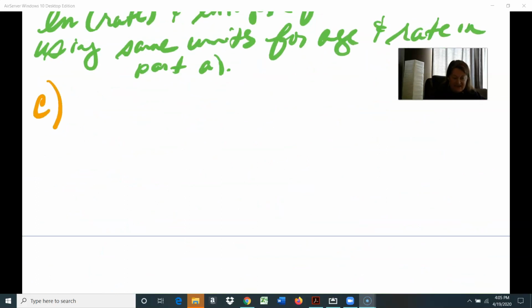Okay, so in part C, their question was, comment on the appropriateness of this linear regression for modeling the relationship between the variables.